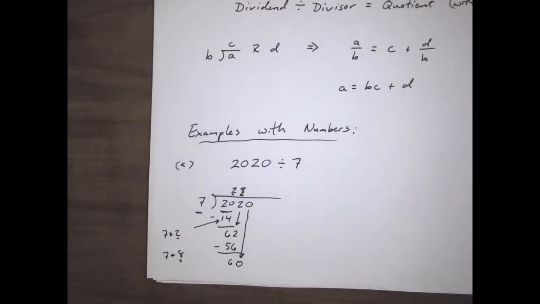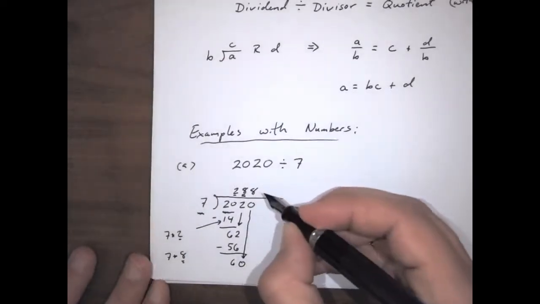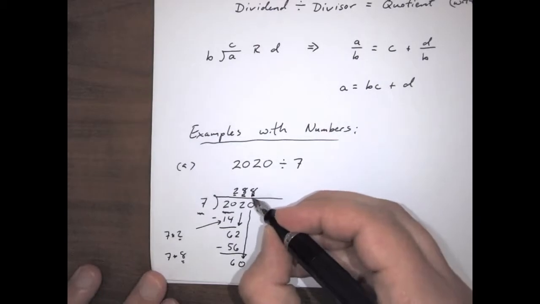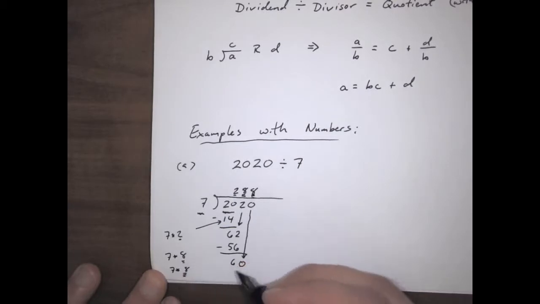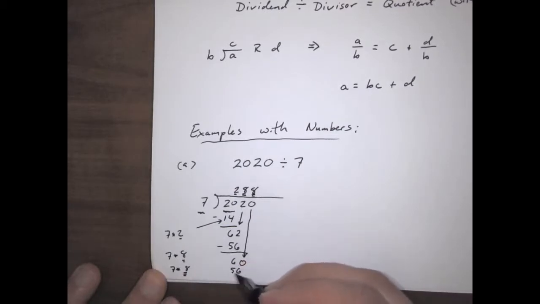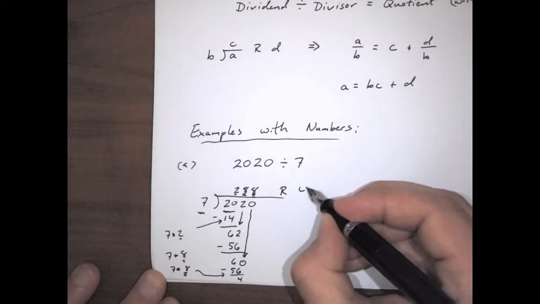And 7 times 8, as we just said, was 56. So that would be the most we can get here. So it'd be 8 again. So the third digit here will be the 56. You subtract as usual, get a 4, and that makes a remainder of 4.